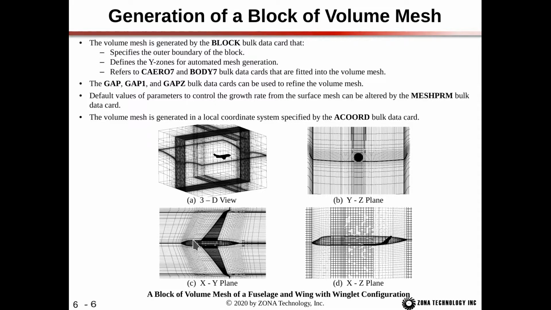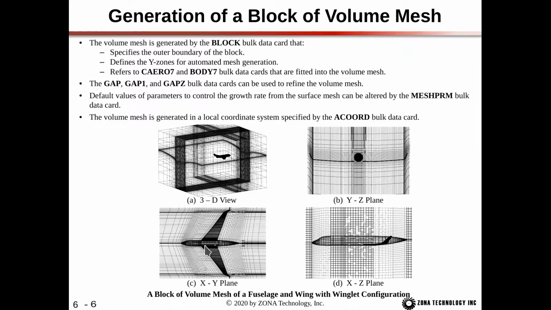So if we look at this top-down view, this global block of mesh is referring to all of these C arrow 7s that make up the wing and winglets, and then the body 7. And then you can see that the mesh grows off of the surface panel model to generate the 3D volume mesh. Now additionally, we have the gap 1, and gap Z bulk data cards to refine the volume mesh.